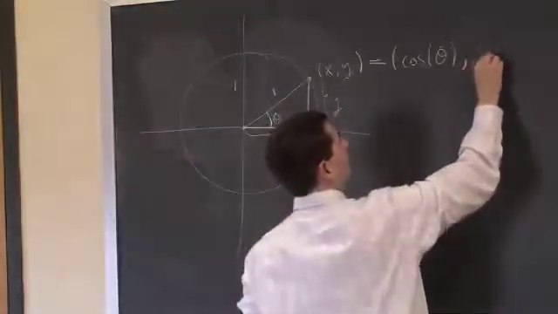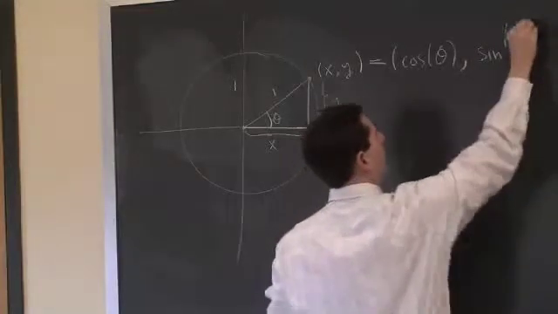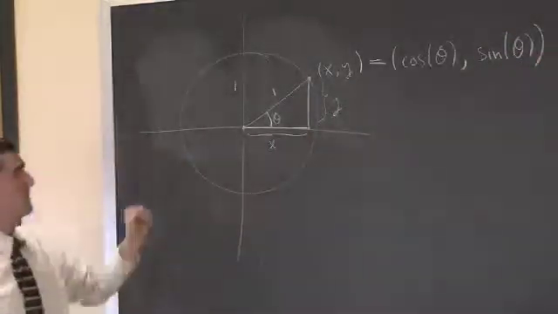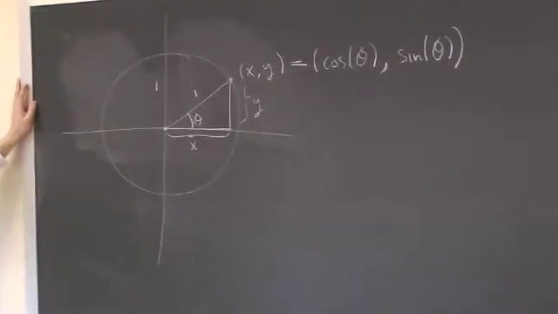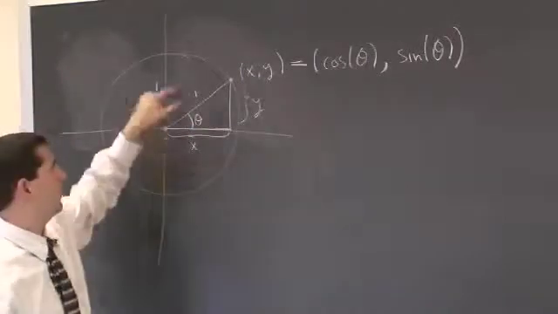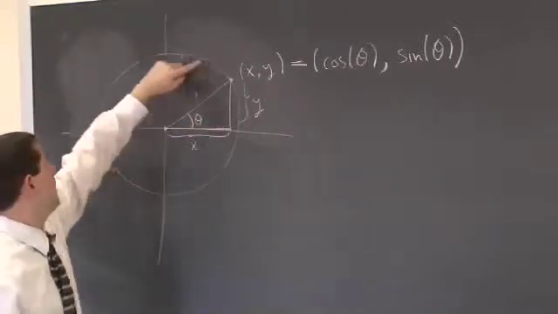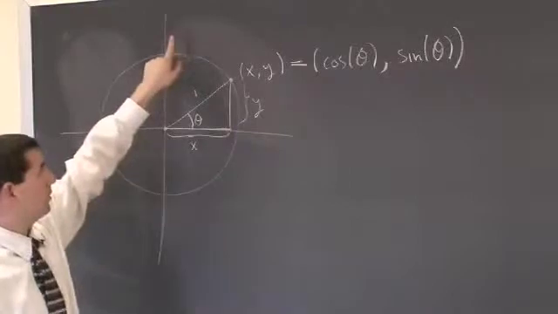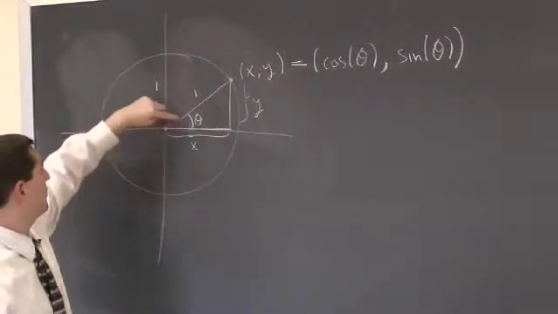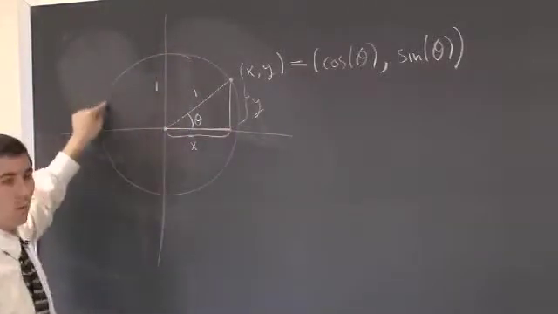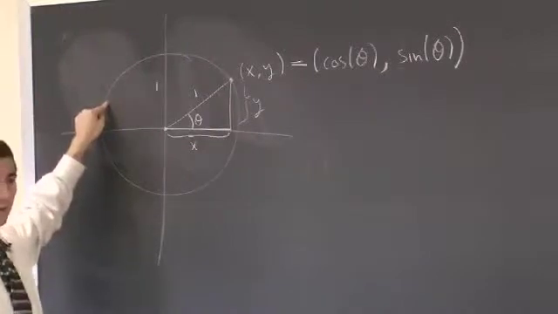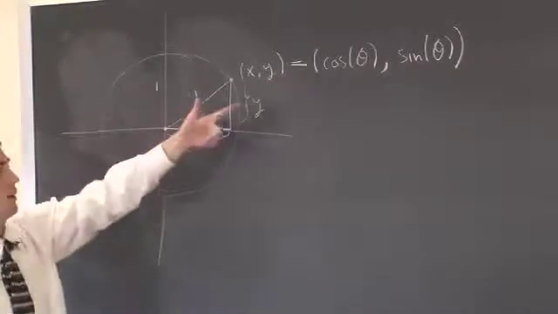So, remember this is the picture we drew last term, and this gives you an alternate way to define cosine and sine. Right? Instead of basing it off of the right triangle, for any point on this circle, you define the cosine of the angle that you get as just the x-coordinate of that point, and the sine of that angle to be the y-coordinate.